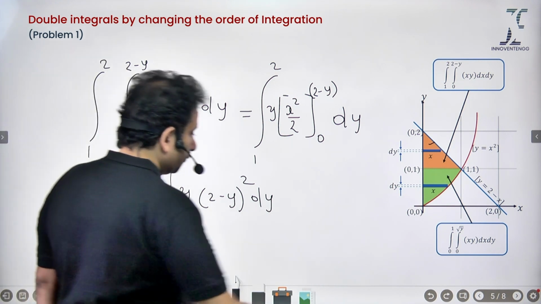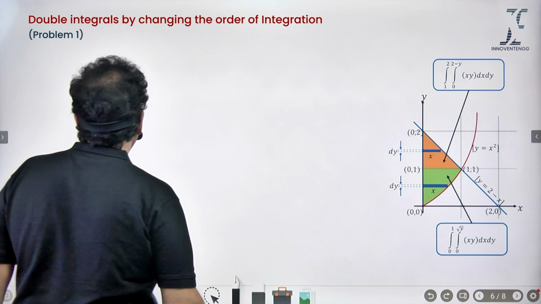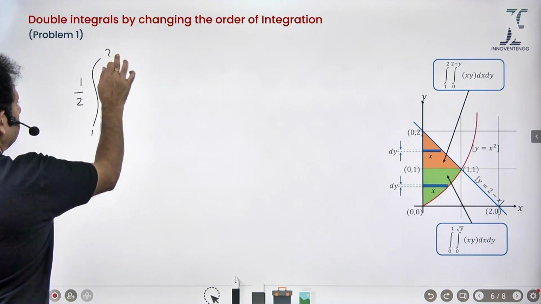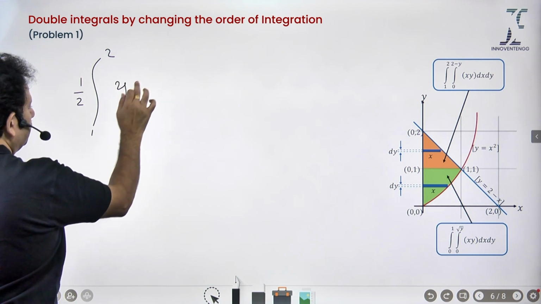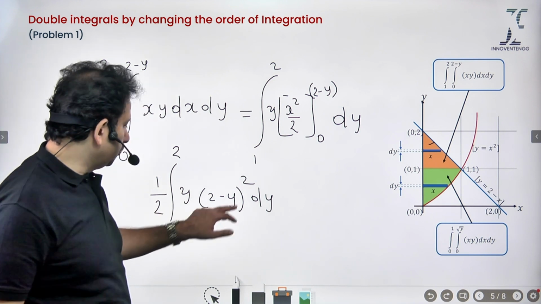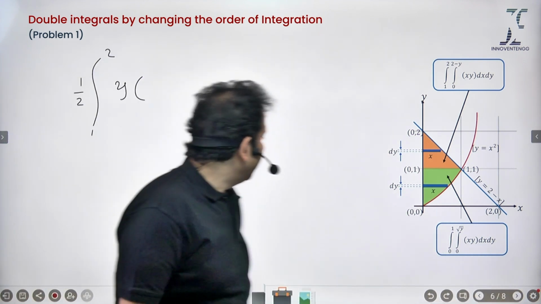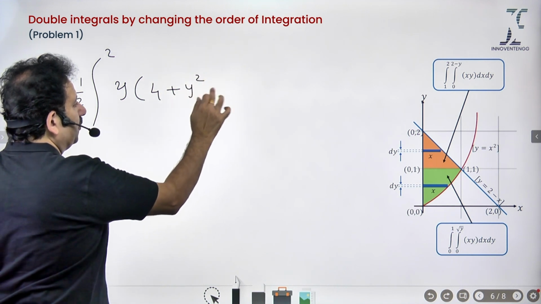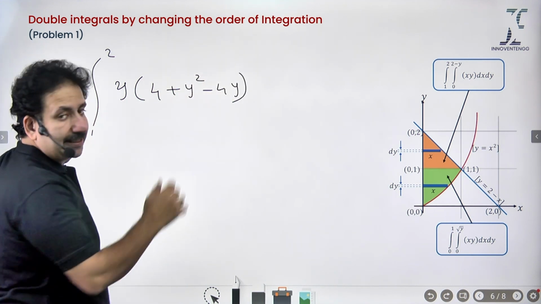Clear? So now this can be integrated by expanding this a minus b whole square and then multiplying that by y. So how would you do that? That's quite simple. So you have half, you have 1 to 2, and then y into 2 minus y whole square, and as a consequence you will get 4 plus y square minus 4y. Am I right?